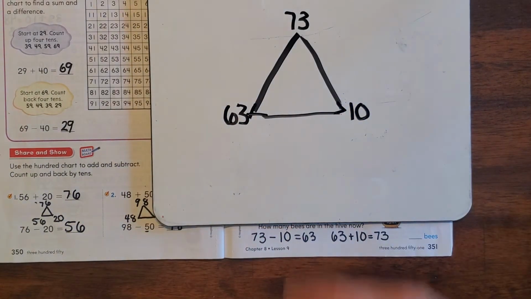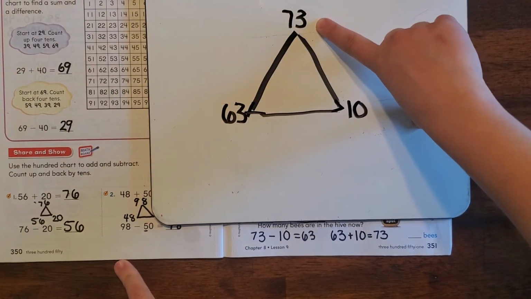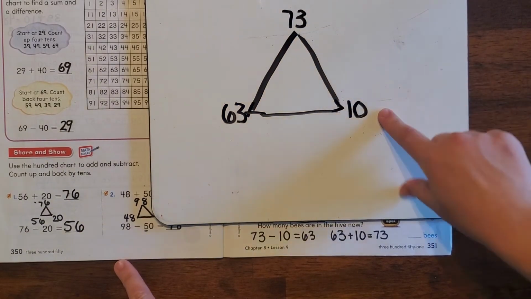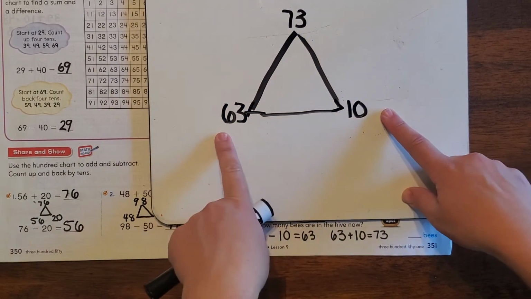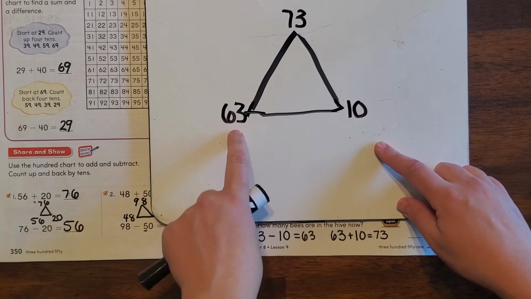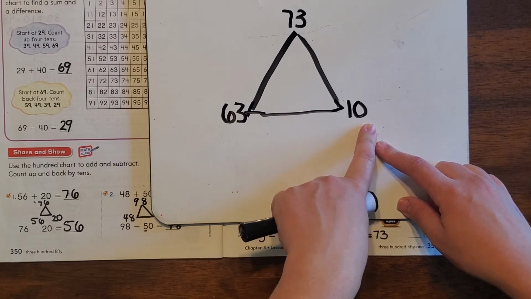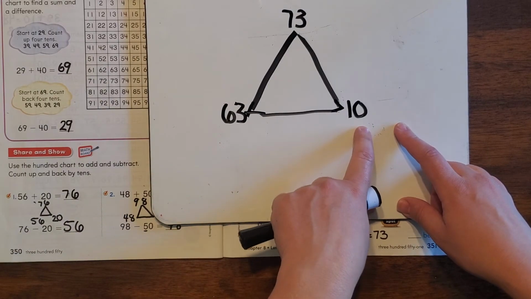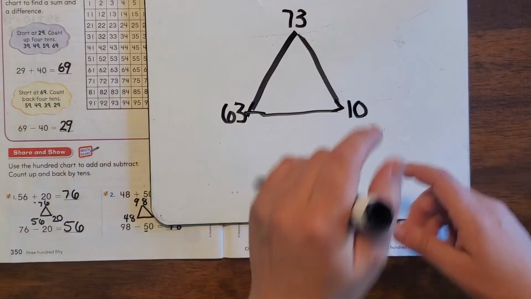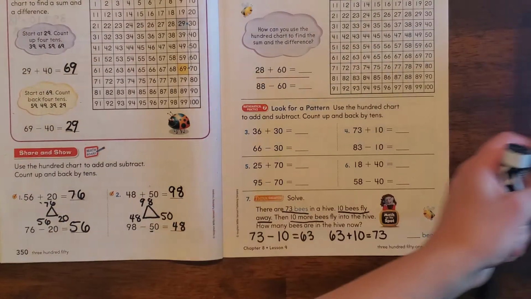So if there were 73 bees and 10 of them flew away, if we subtracted 10, then there were 63 bees left. If there were 63 bees and then 10 of them flew into the hive, then there would be 73 bees total.